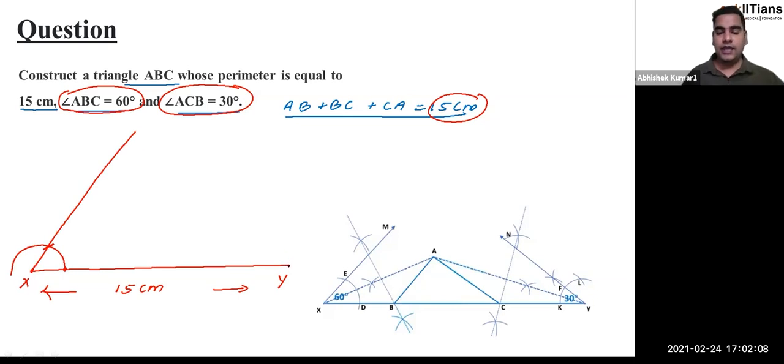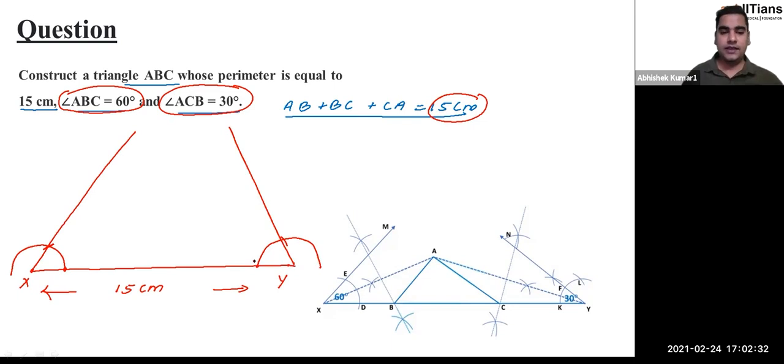Understood? Here, because we have to draw 30 degree, we all know 30 degree is actually, you can get 30 degree by bisecting 60 degree. So assuming Y to be the center, then an arc of any radius, then let's say this is your 60 degree. Clear?